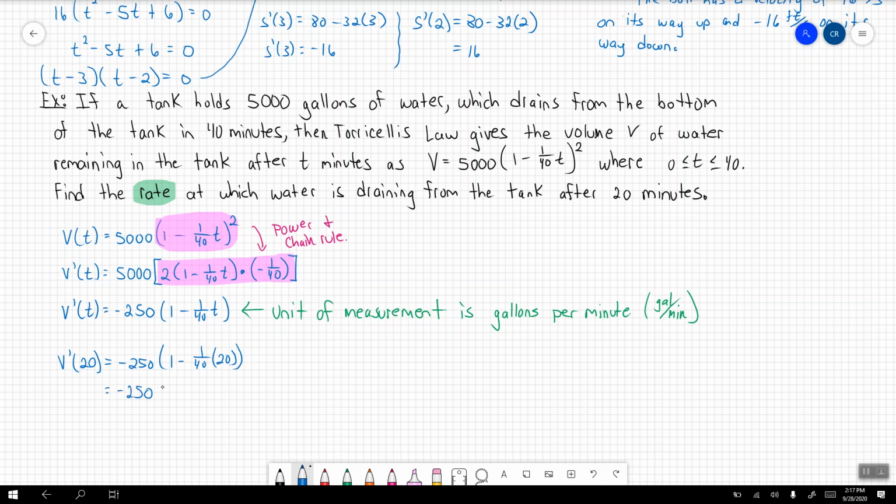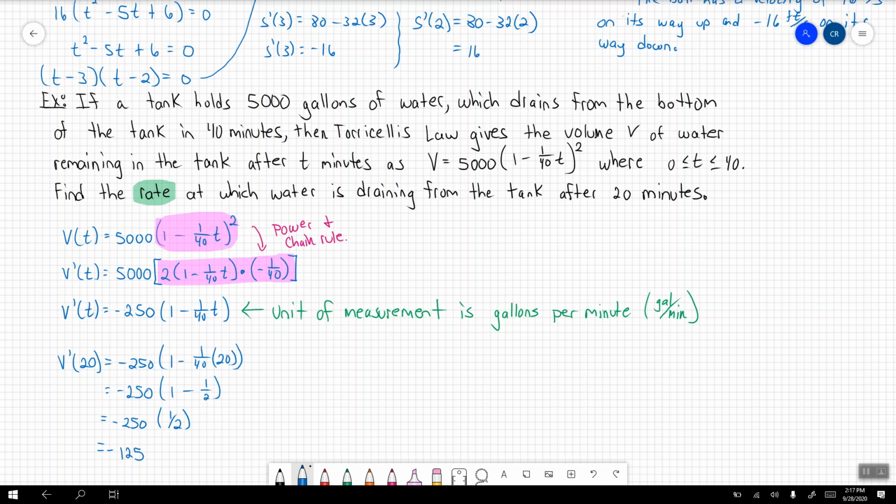Negative 250 multiplied by 1 minus, this is going to be 1/2. 1 minus 1/2 is 1/2. And now all we have to do is take half of 250, which means, because that's a negative value, we will get negative 125.